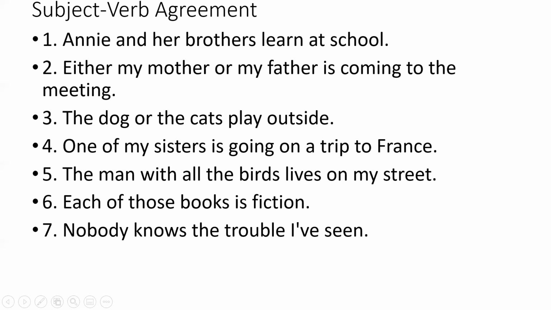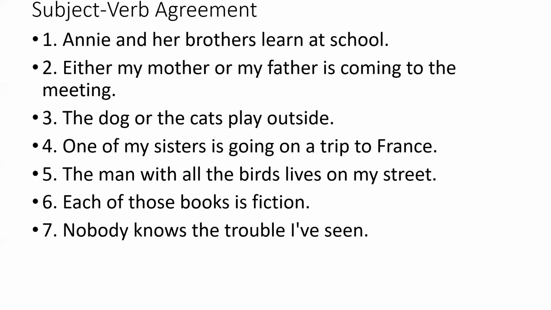Fourth sentence, one of my sisters is going on a trip to France. So in this case, you might see sisters before the verb and think sisters are, sounds right. But the subject here is actually one, not sisters. So whenever you have a subject followed by a prepositional phrase, like of my sisters, or anytime you have a prepositional phrase before the verb, the subject is going to be before the preposition.